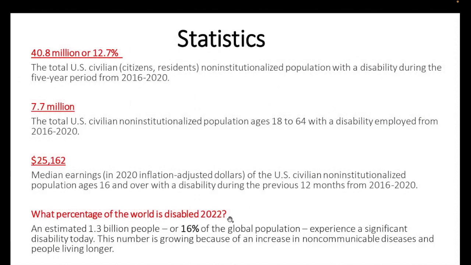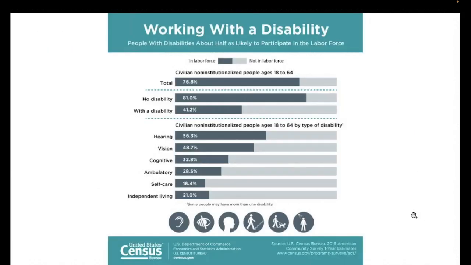What percentage of the world is disabled overall? 1.3 billion people over the world, or 16% of the whole population, are affected with different types of disabilities. These are the official census stats. We can see that with no disability it's 81% of folks, and 41% of folks impacted.